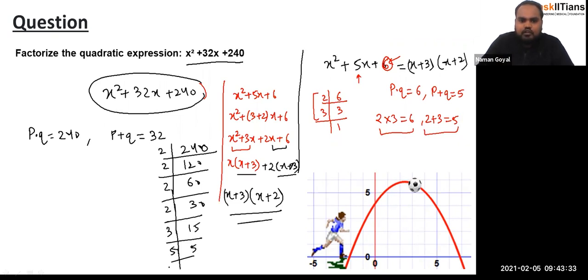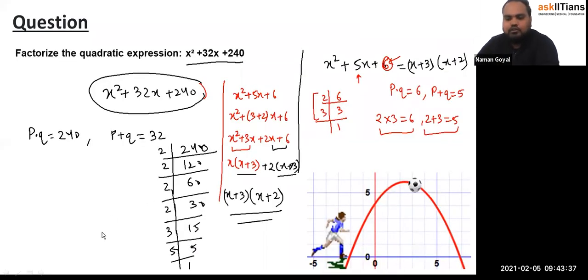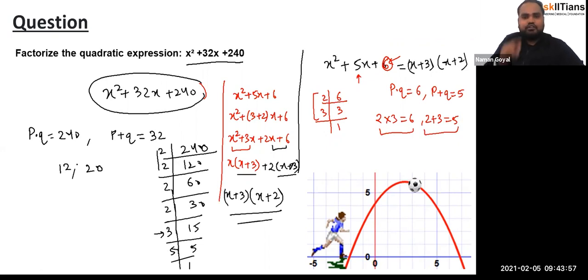Now the two numbers are made from these factors. 2 twos are 4, 4 threes are 12, so one number is 12. Another number is 5 twos are 10, and 2 tens are 20. If you see, the product of 20 and 12 is 240 and the sum is 32. So the required numbers are 12 and 20.